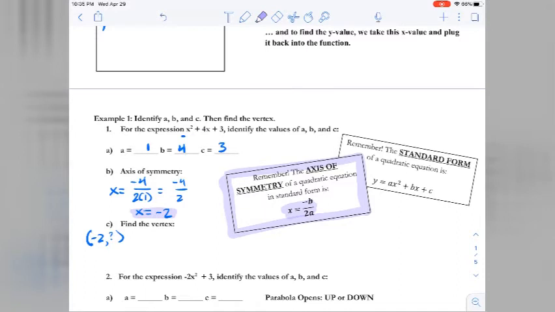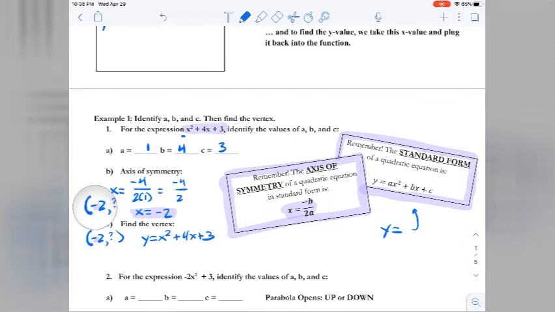Well, for that, we got to remember our standard form, and we know that y is equal to ax squared plus bx plus c. So if we know that y is equal to x squared plus 4x plus 3, which is the equation that we're dealing with, and we know that x is equal to negative 2, we can plug our x back in, and we know that y is equal to negative 2 squared plus 4 times negative 2 plus 3.